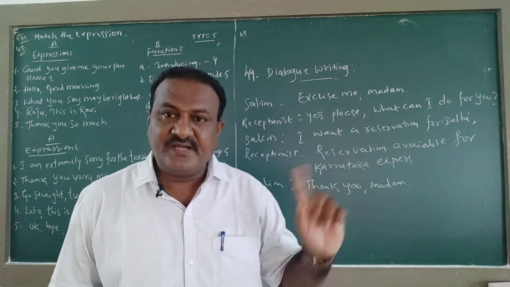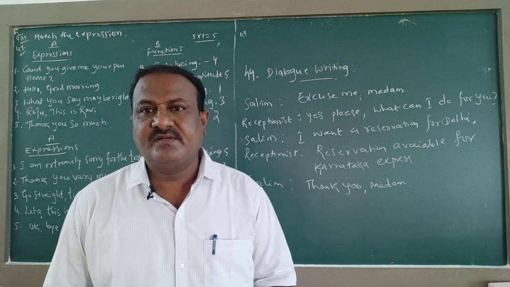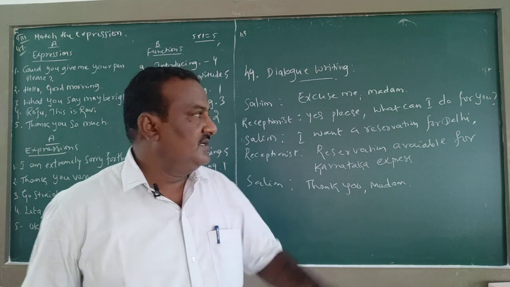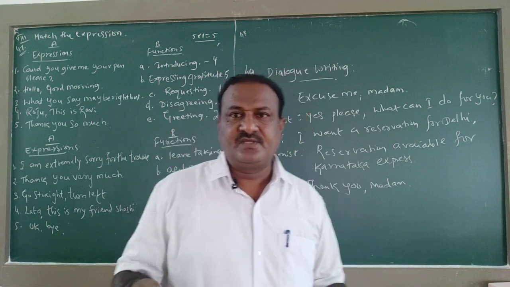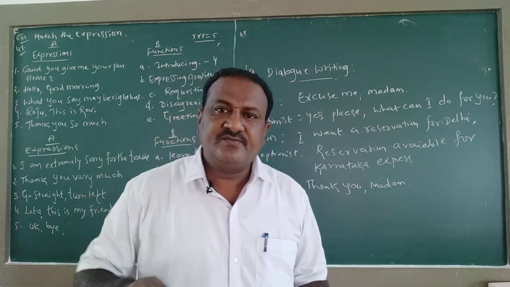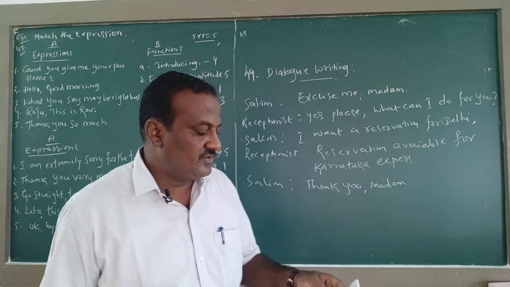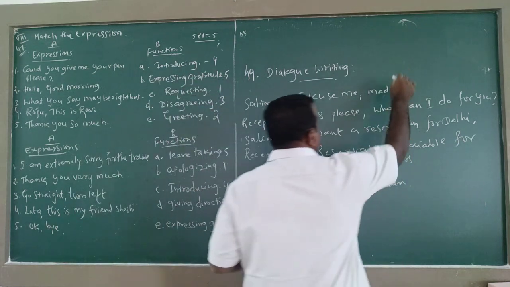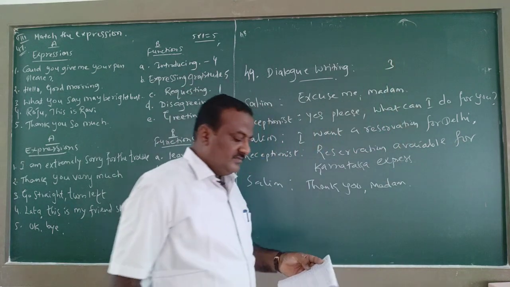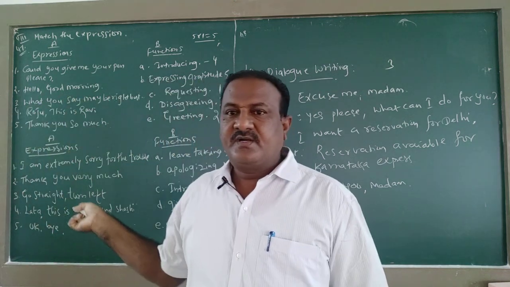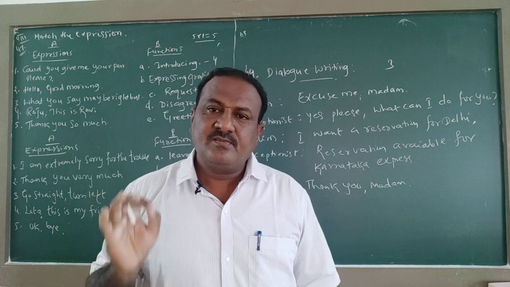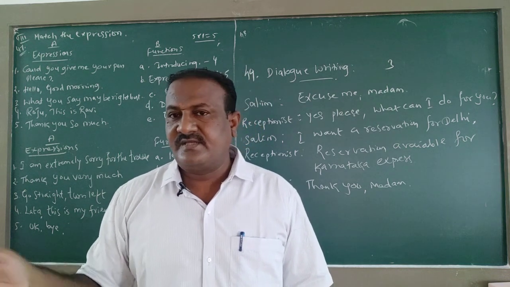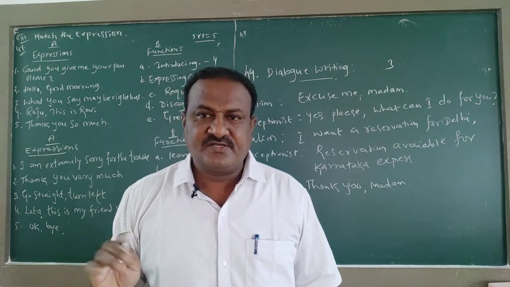The previous one was complete the dialogue, where it is already given and we have to complete it. And this one here we have to create, imagine, and then write it. 3 marks, 5 marks for this, 4 marks and 3 marks. 12 marks will come from that language function.